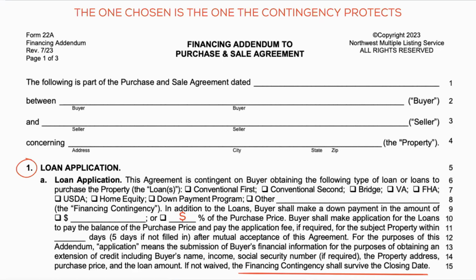So in the first 5 days, the buyer can change the lender of who they're using for the funding. However, they do not have the freedom to change the type of loan because the type of loan was already signed off and approved when this form became mutual.